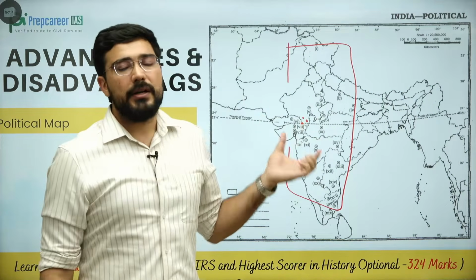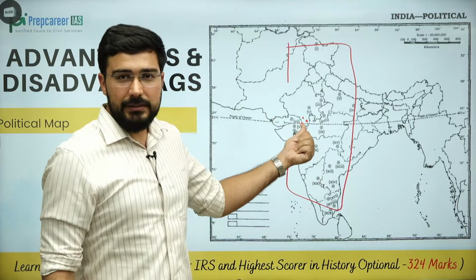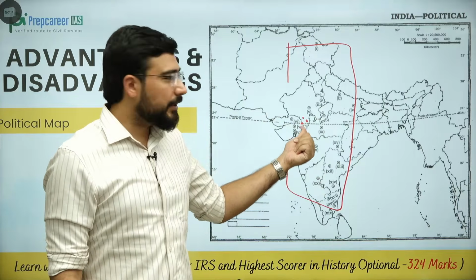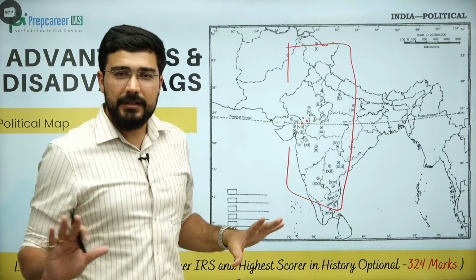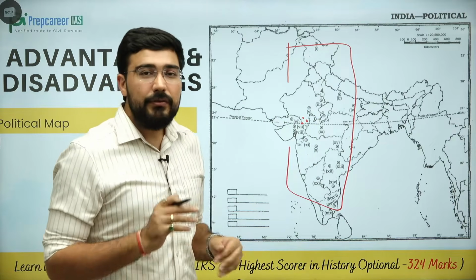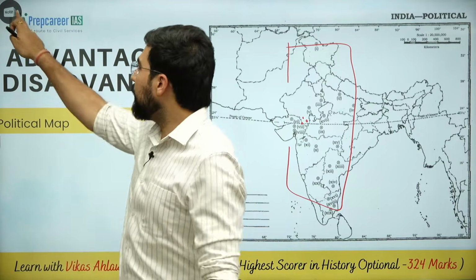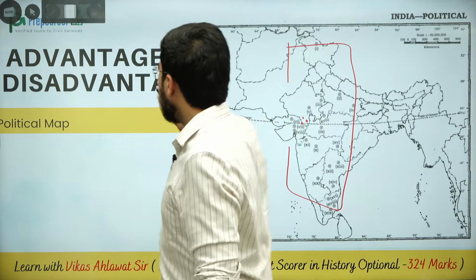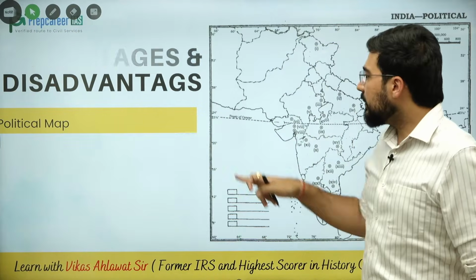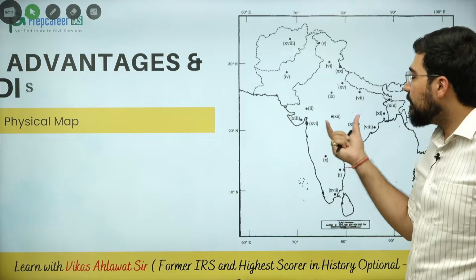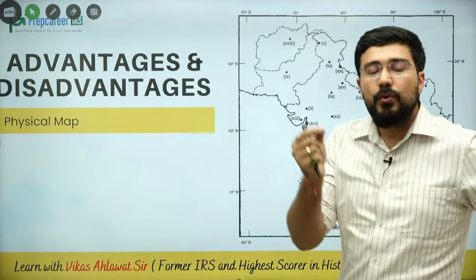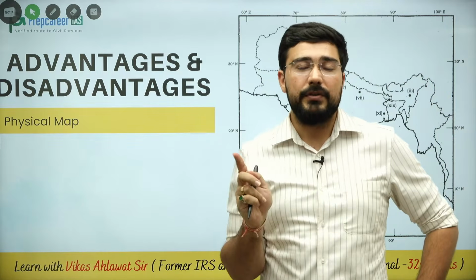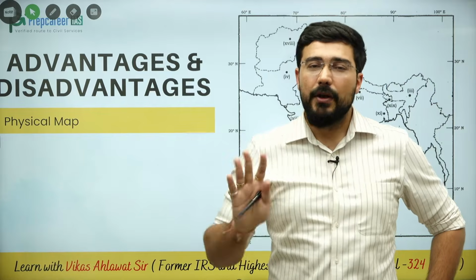Since it is a political map, you cannot mark this. You cannot mark a site from Rajasthan in Gujarat. It is crystal clear that the site is in Gujarat. But if we change this map to physical, the boundaries are not there. Since the state boundaries are not there, it becomes easy to mark a close-by site. That is the first difference I see in political versus physical.